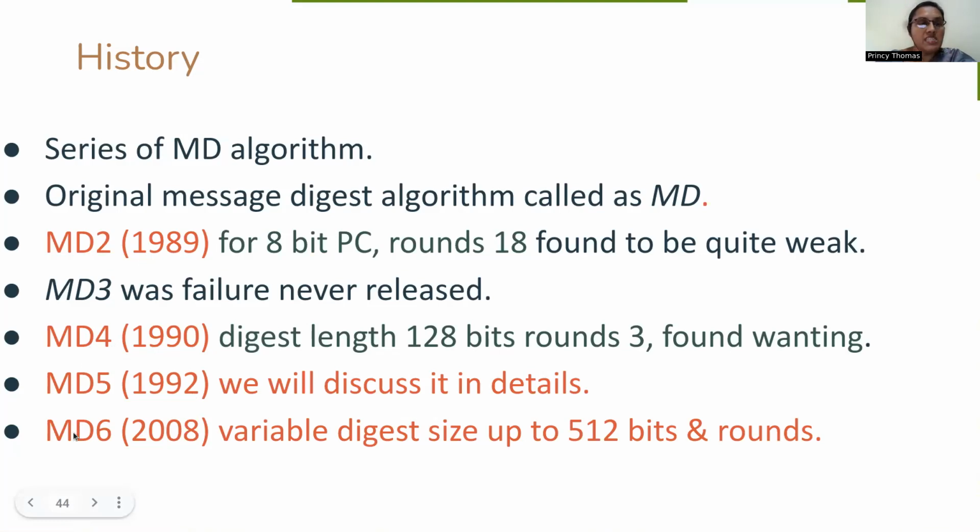Then MD6 was released in 2008. In this case, the length of the message digest can vary up to 512 bits, and 512 rounds were possible. So we are going to discuss MD5 in detail.